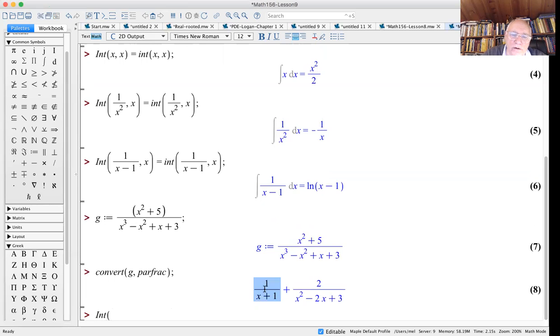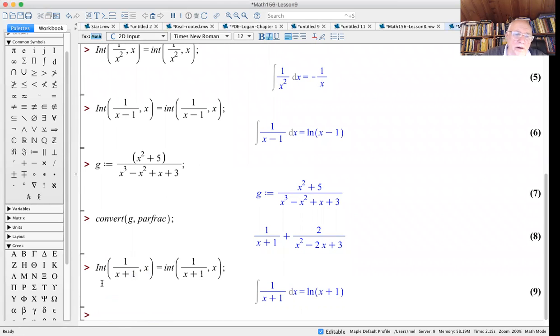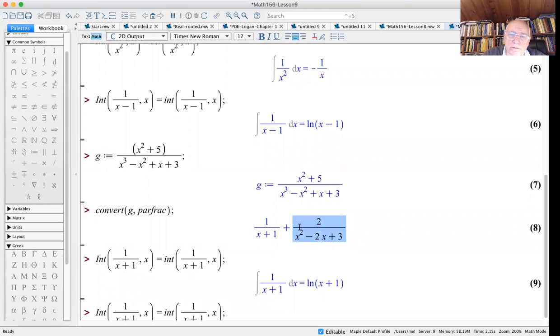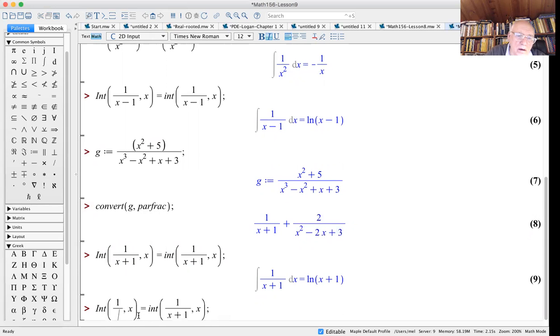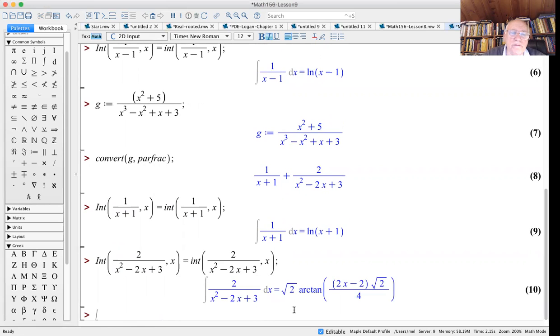If we integrate this first expression, we get log x plus 1, of course. If we integrate the second expression, we get this arctangent.